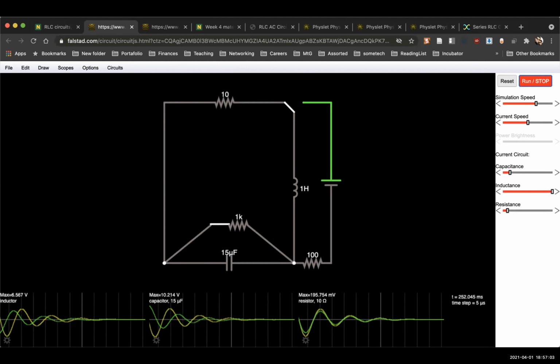Okay, so in this circuit, the response is attenuated by that exponential deal that we talked about.